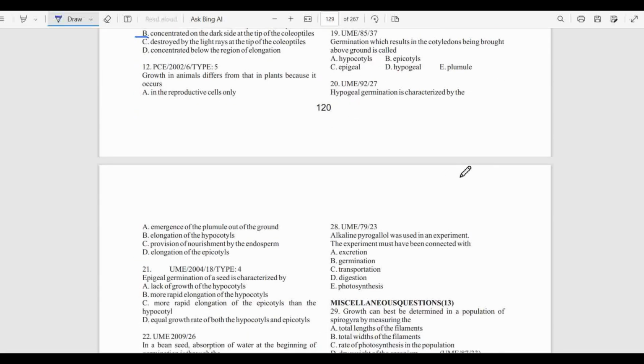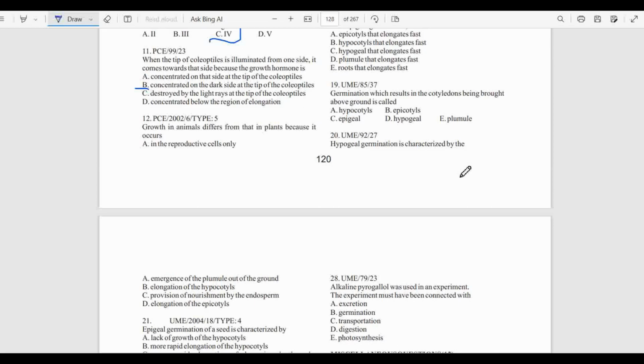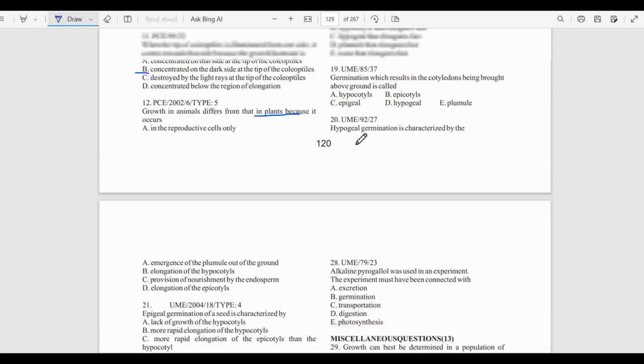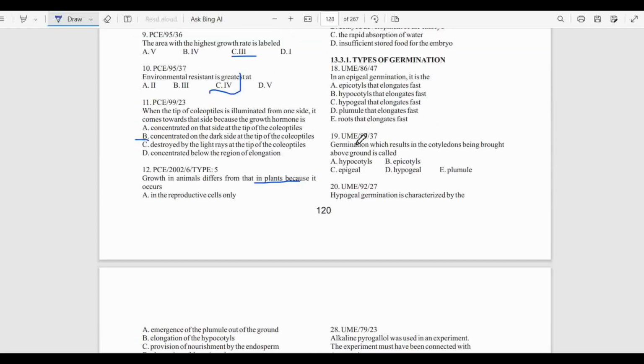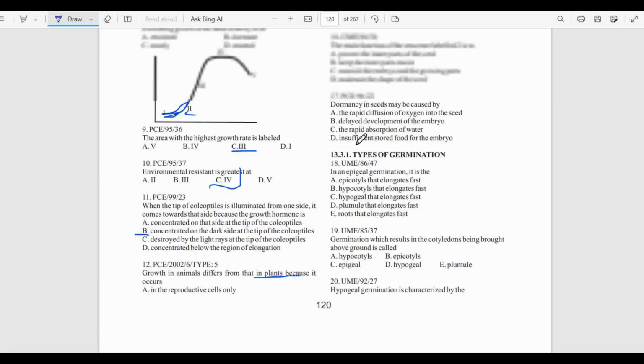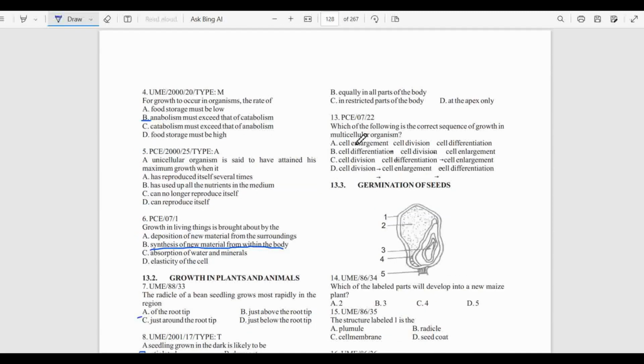So, in other words, what makes growth in animals differ from growth in plants? Let's look at the options again. Growth in animals occurs in reproductive cells only. B, equally in all parts of the body. C, in a restricted part of the body. And D, at the apex only.